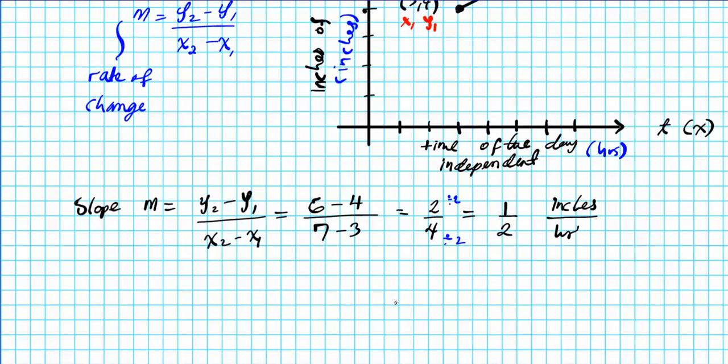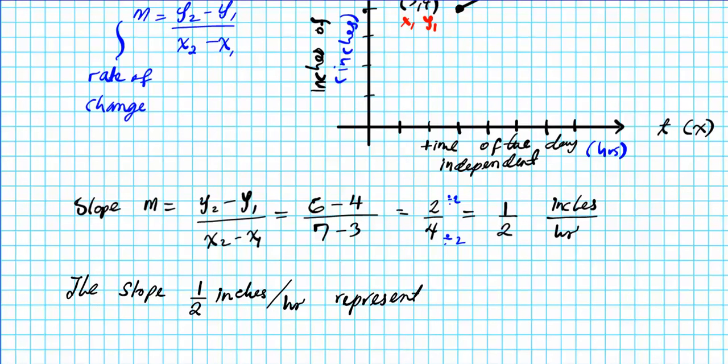So it says, what does this represent? The slope, 1/2 inches per hour, represents what?